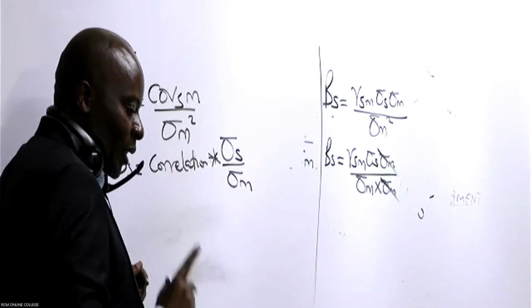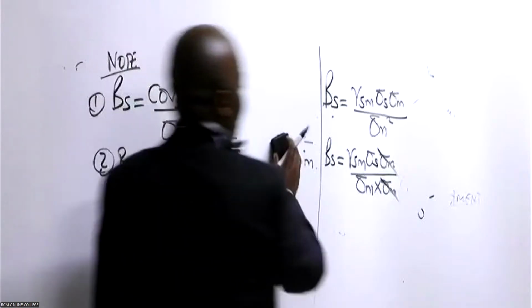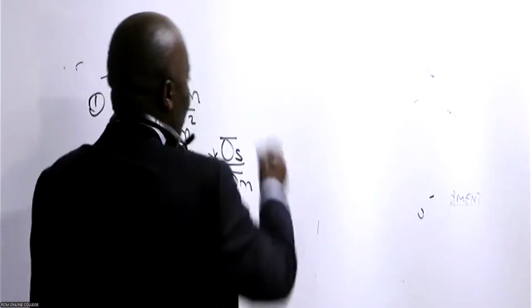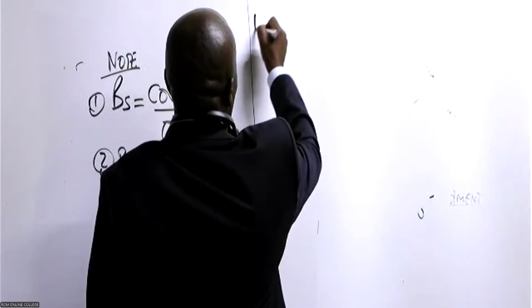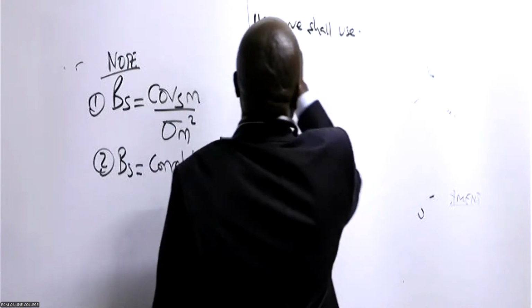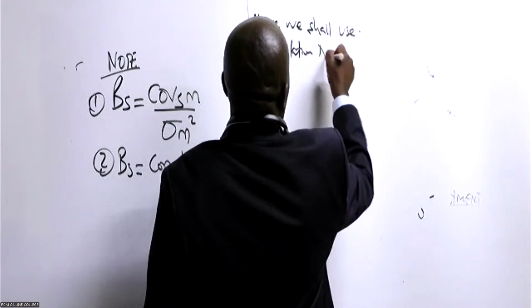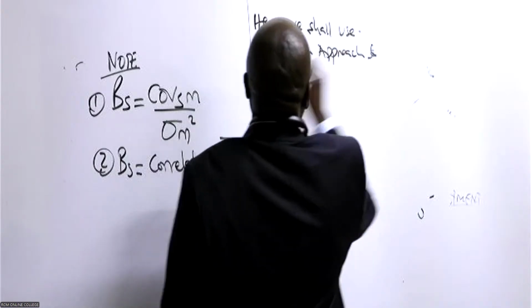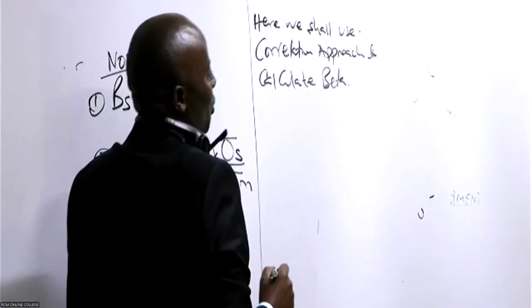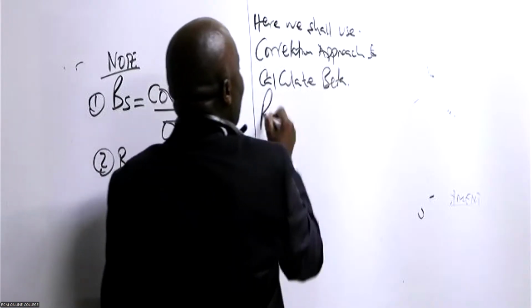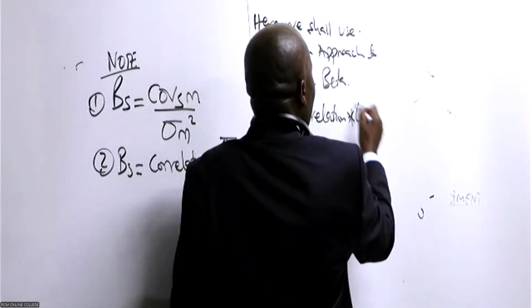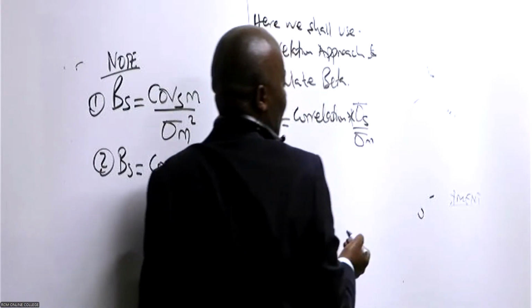So here we shall use the correlation approach to calculate beta, because they have given us correlations. To get beta of the security, I take the correlation provided times standard deviation of the security over the standard deviation of the market, ignoring the percentages.